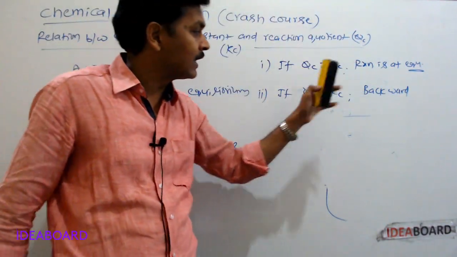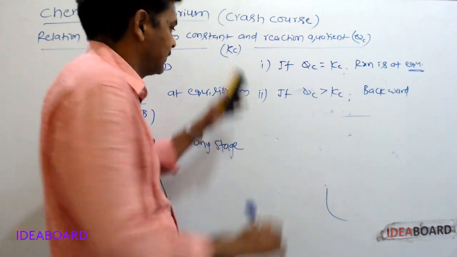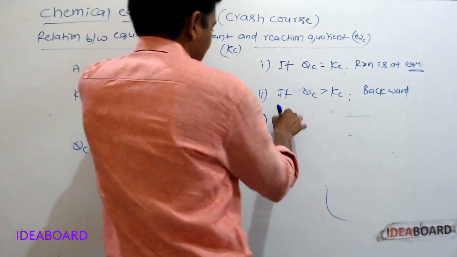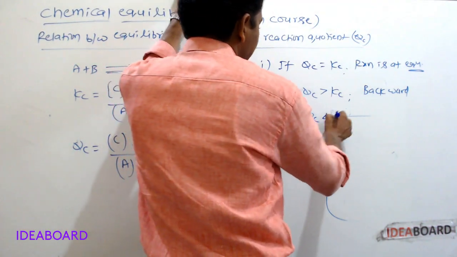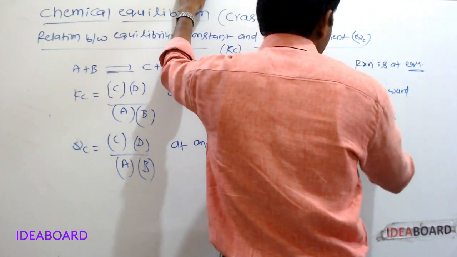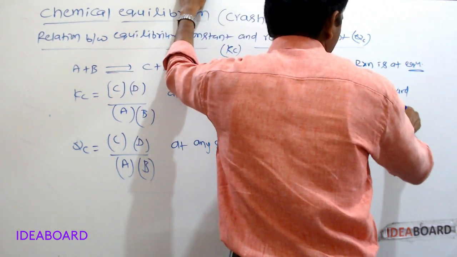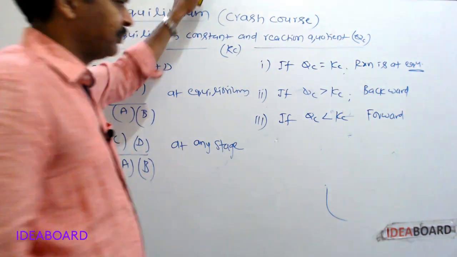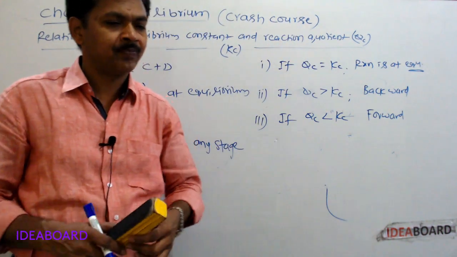If Qc is less than Kc, then the forward reaction takes place. This relation is important.